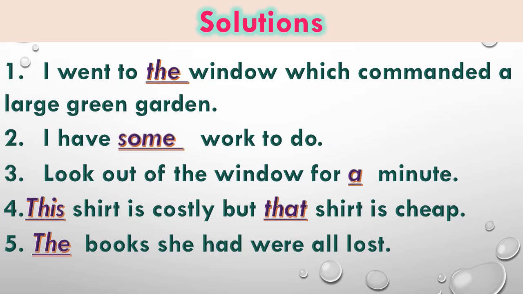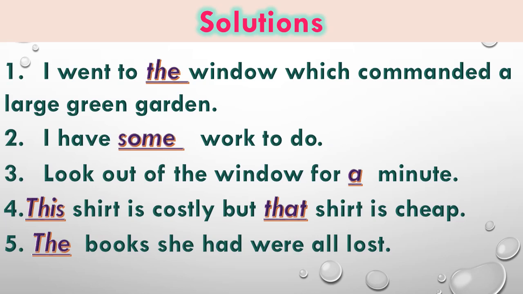Next is this shirt is costly, but that shirt is cheap. Now, in this blank, we have two different words, this and that. So this is demonstrative and that is also demonstrative. This shirt means the shirt is closer to us for which we are talking.